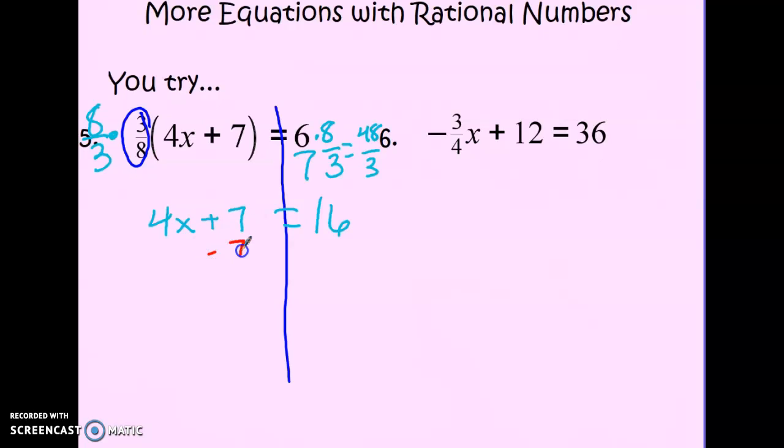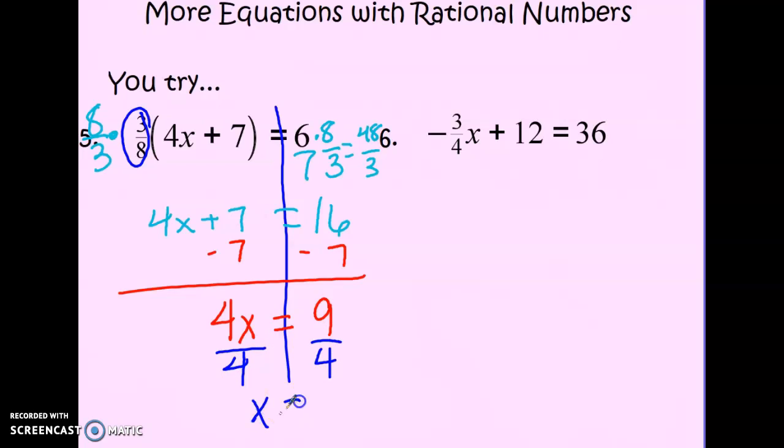My next step is to subtract the 7 from both sides. That leaves me with 4x. And then 16 minus 7 leaves me with 9. And then my last step is divide by 4, which leaves me with 2 and 1/4, or 2.25.